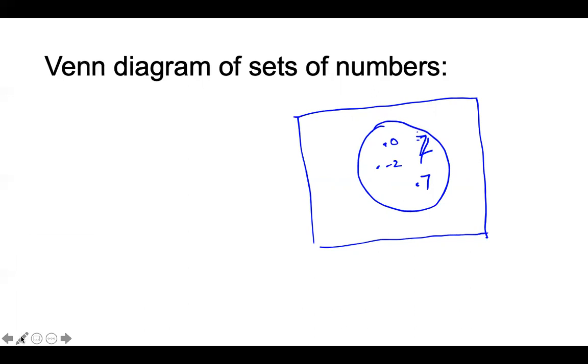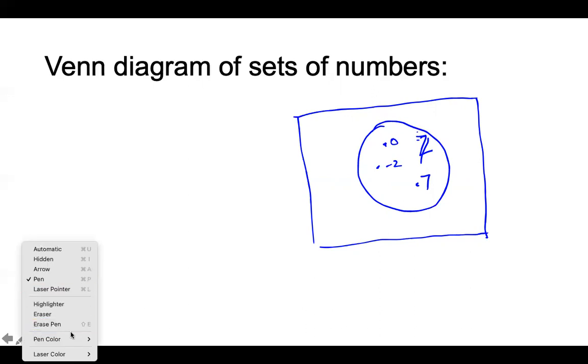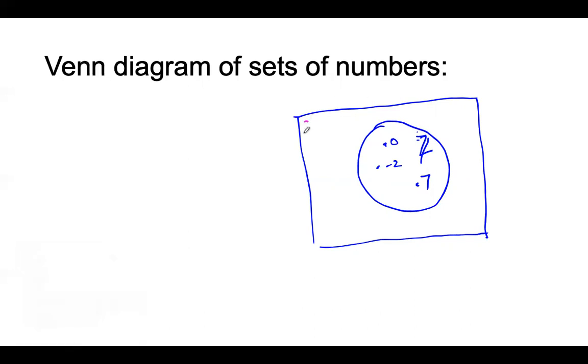Outside, in this other box, you have things like 2/5, 9/2, and let's say -11/4.